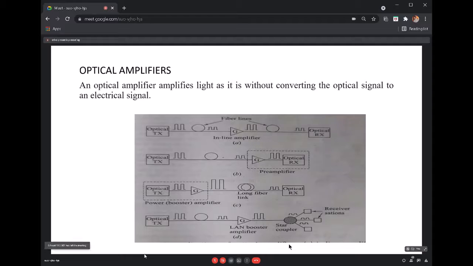What it basically does is amplify the light signals without changing its property, and also without converting the optical signal to an electrical signal.